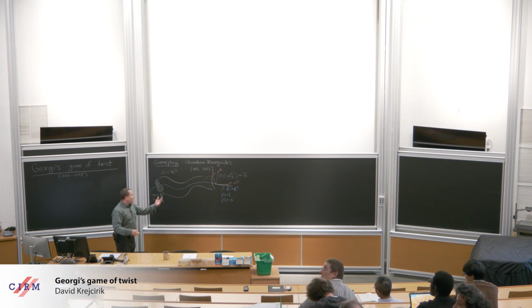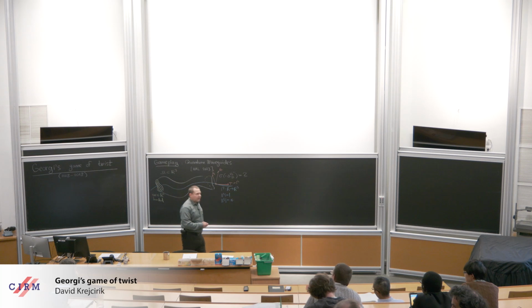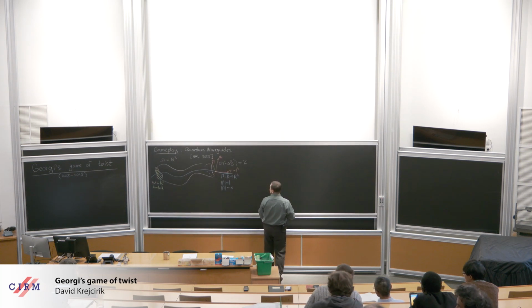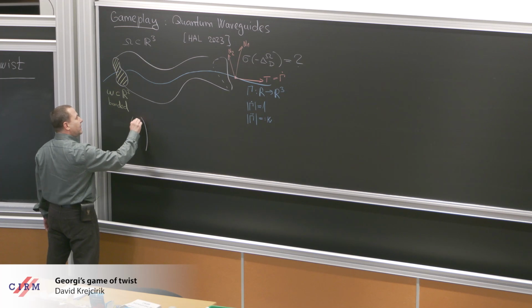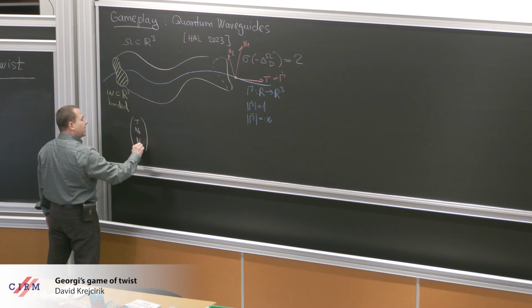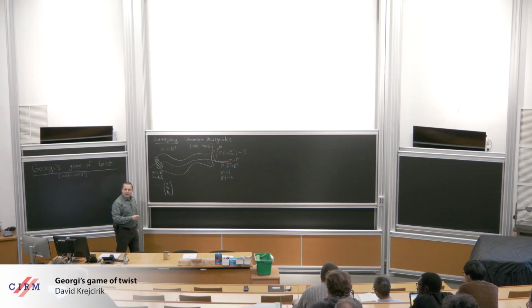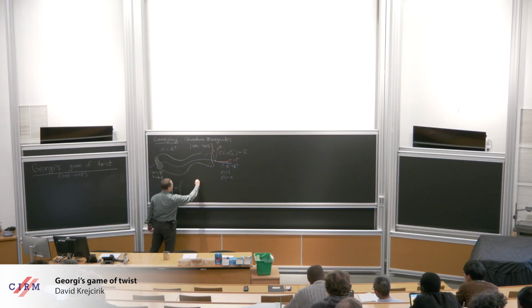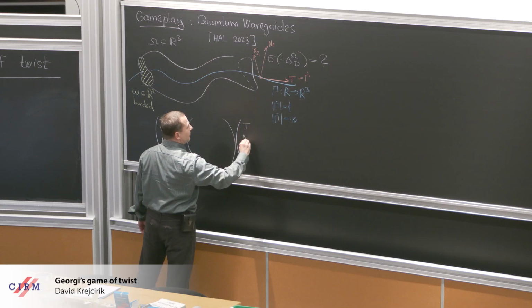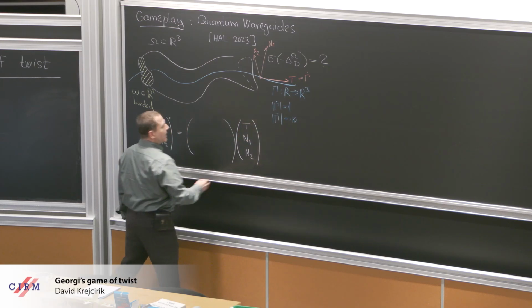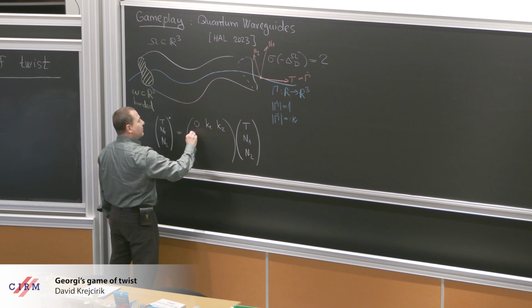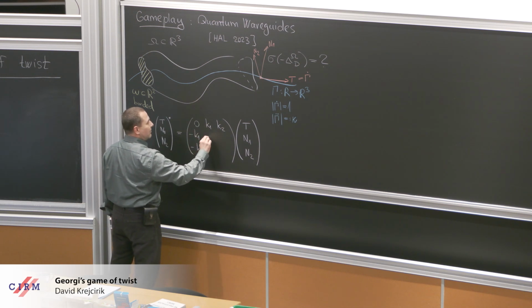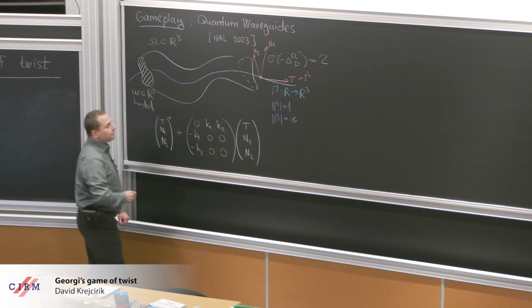There are many choices how to choose such a triad. The most useful choice is as follows. I will require that the frame satisfies this differential equation, with the matrix of entries 0, K1, K2, 0, 0, 0, 0.